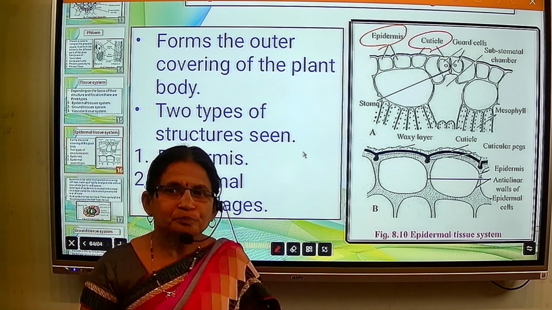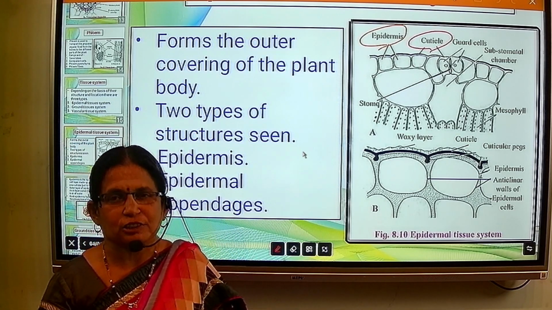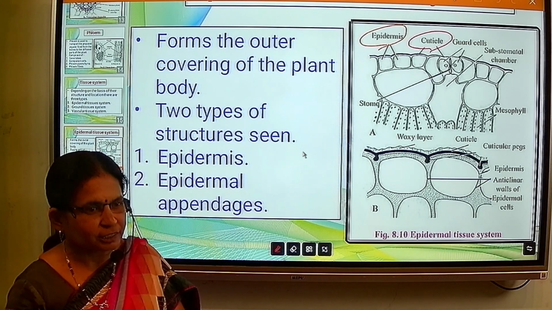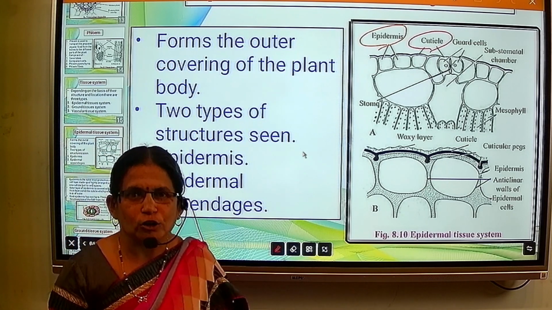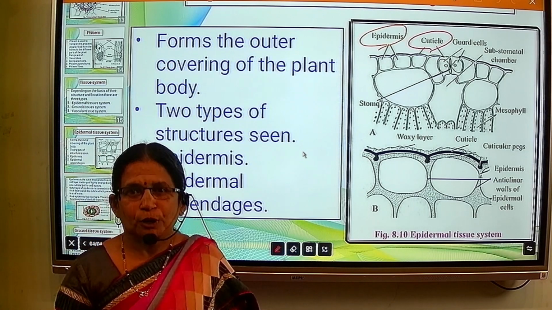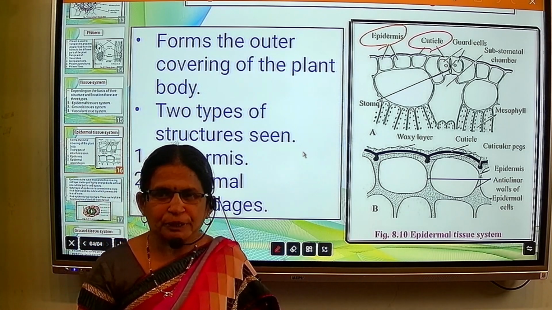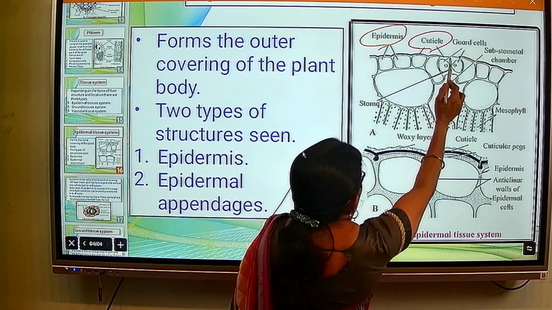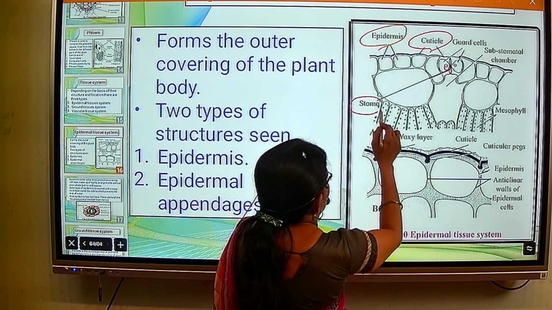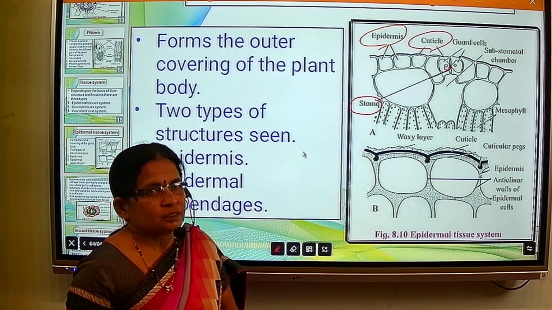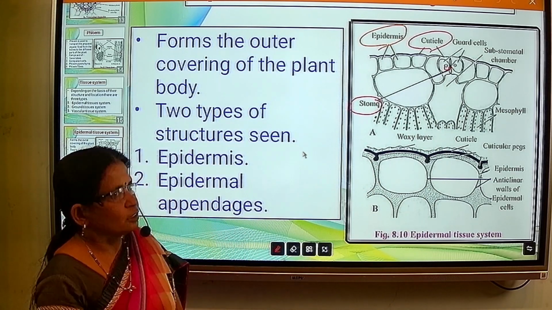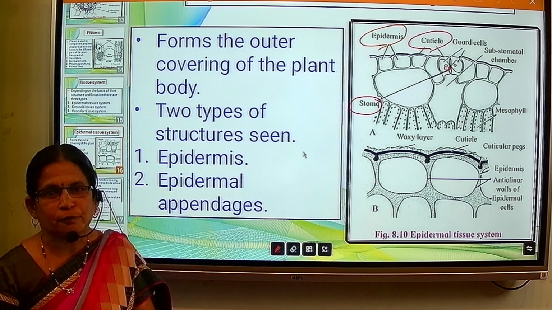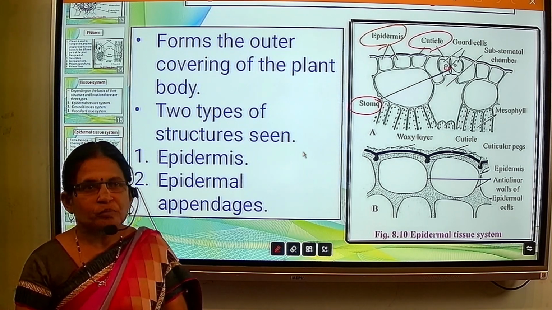As you know, transpiration means what? Transpiration is the loss of water from the aerial parts of the plant body. So this minute aperture is present here. This one is called the stoma. This stomatal chamber is mainly for the purpose of transpiration.